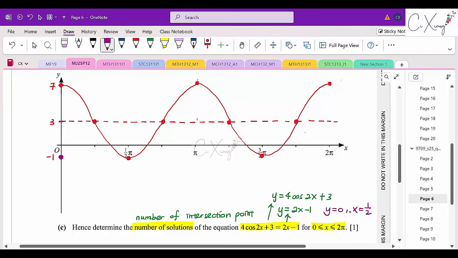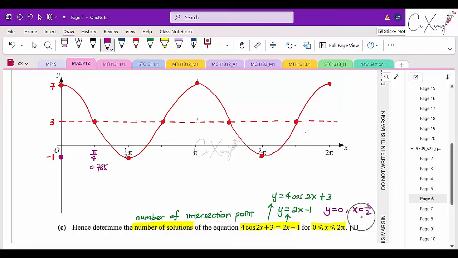You can press the calculator to find the value of pi over 4, which is about 0.785, more than 0.5. So 0.5 will be approximately somewhere here. This is the x and y-intercept for the linear equation.